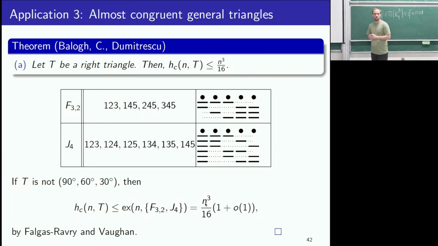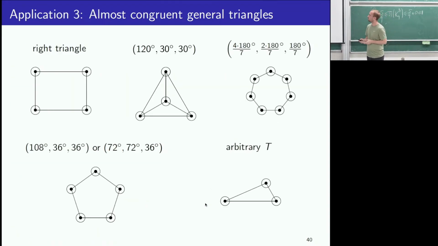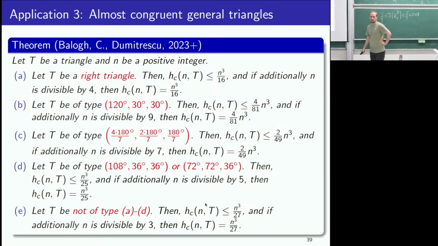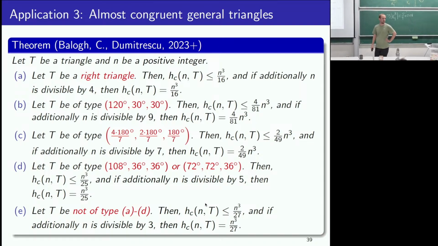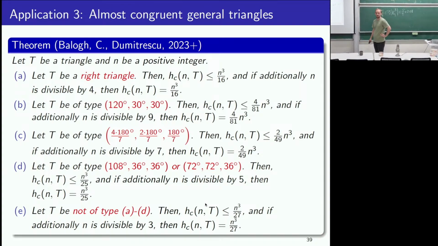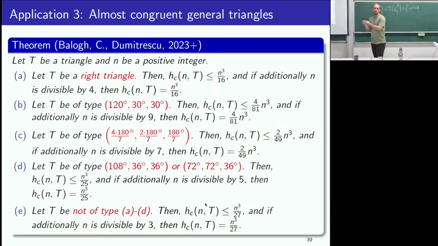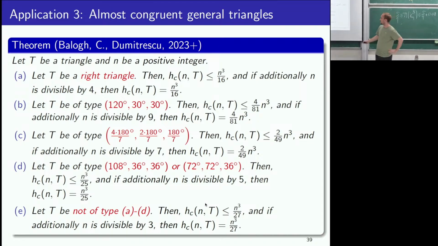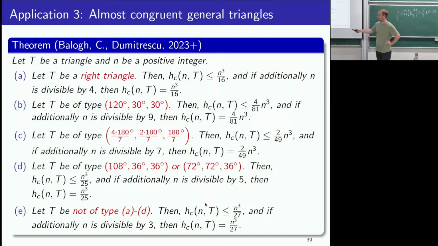So maybe I have one small comment about an open question. In this theorem, it was about congruent triangles, but you can also count similar triangles. And what you can change then is that inside each blob you're allowed to iterate roughly, because similarity doesn't depend on the scaling. There's work on it. We managed to answer that question for the unit triangle, which is in the last bullet points.